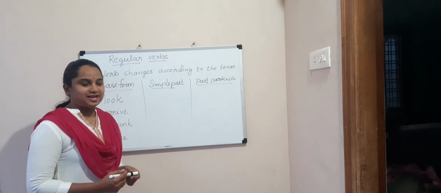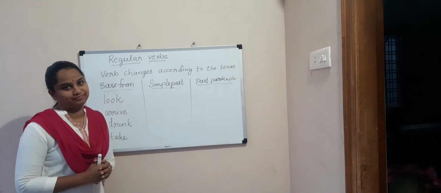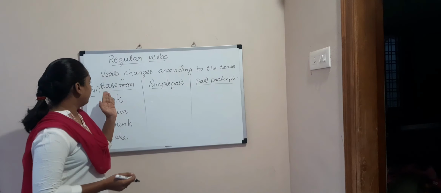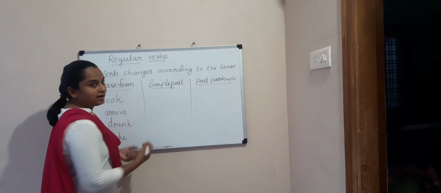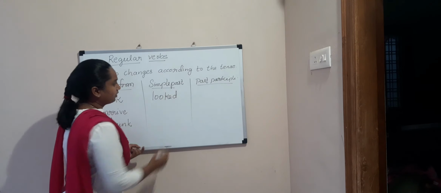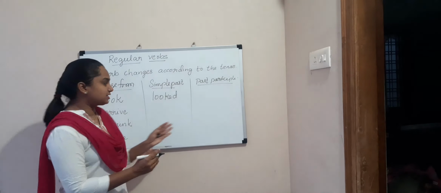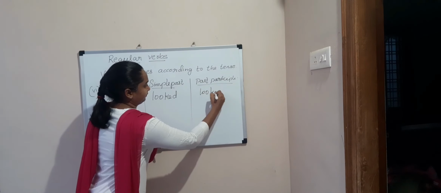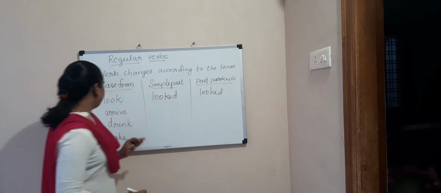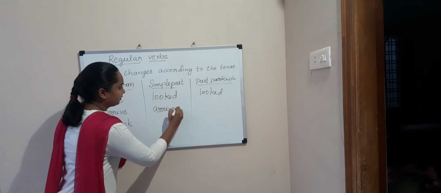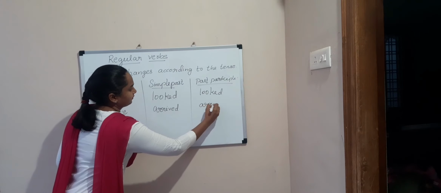Let's look at these examples. Look, this is base form, V1. In simple past, looked. And in past participle, looked. Arrive, arrived, arrived.